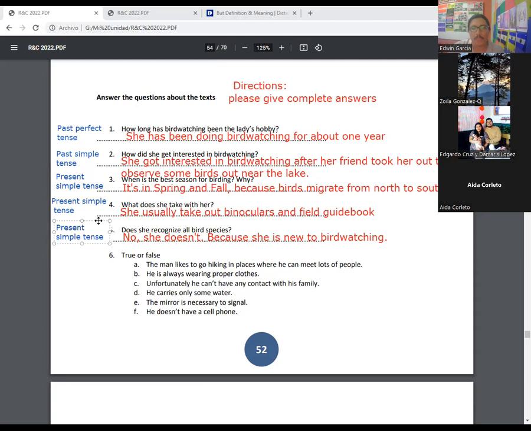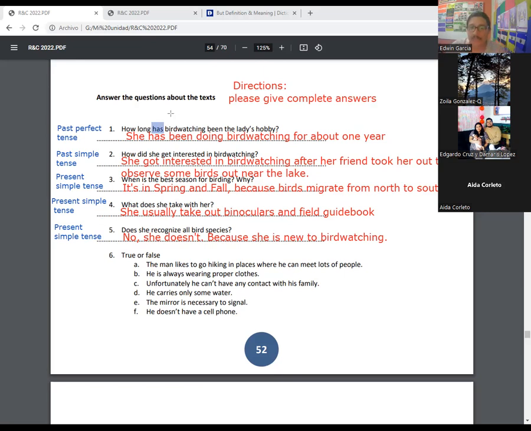Remember, how can I identify the simple or maybe all the tenses? Well, for past perfect tense, I have to look for the use of has. In this case, it is has, but remember it will be have too. In this case, it's has because we are talking about she, he, it.